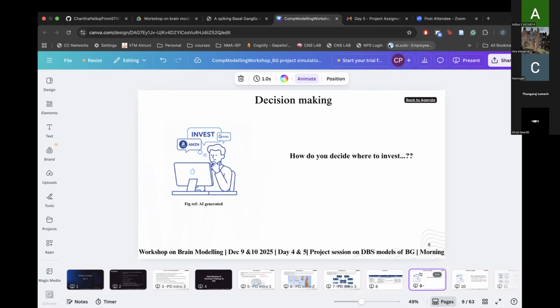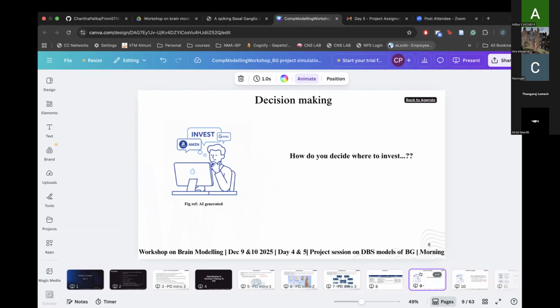Now, if I just consider the direct pathway, where the input goes from cortex to striatum to GPI to thalamus, remember, the red arrows are inhibitory. What do you think will be the overall effect of the direct pathway? It should in a way be excitatory, right?